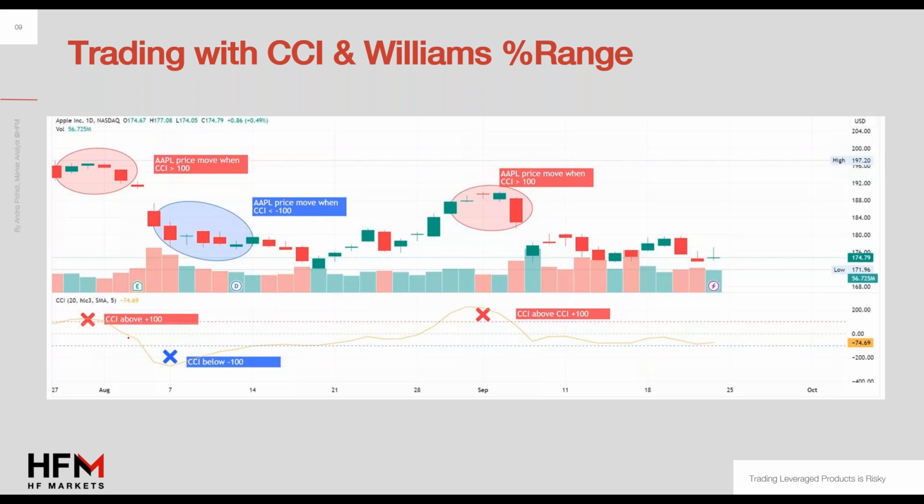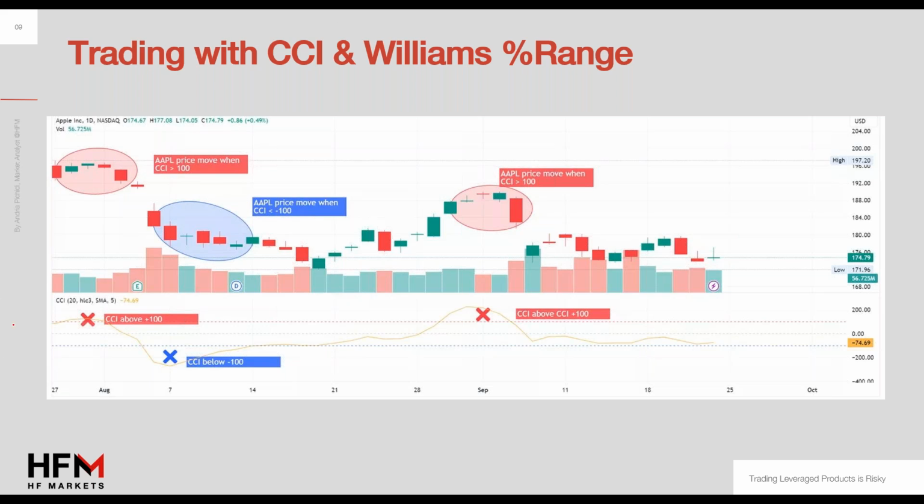The CCI continued extending lower and lower until it crossed the minus 100 territory. That was the very first indication that we have entered an oversold state, but not necessarily an exit point for our possible position, let's say.